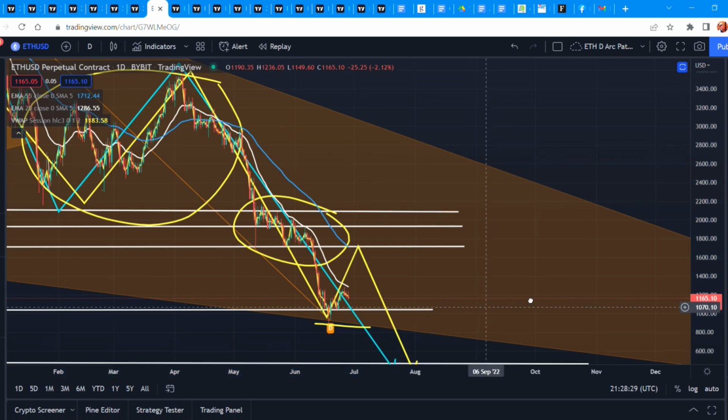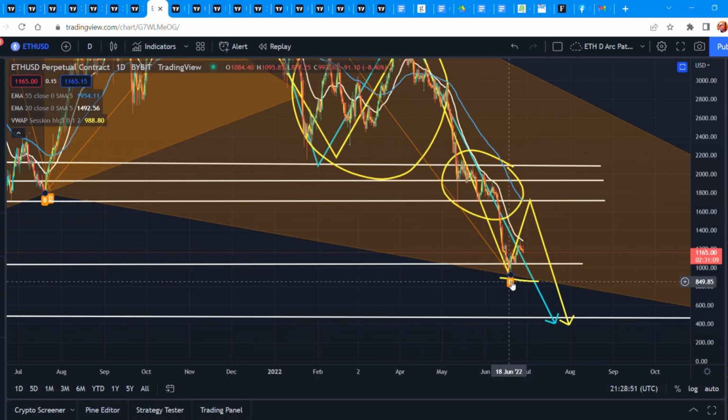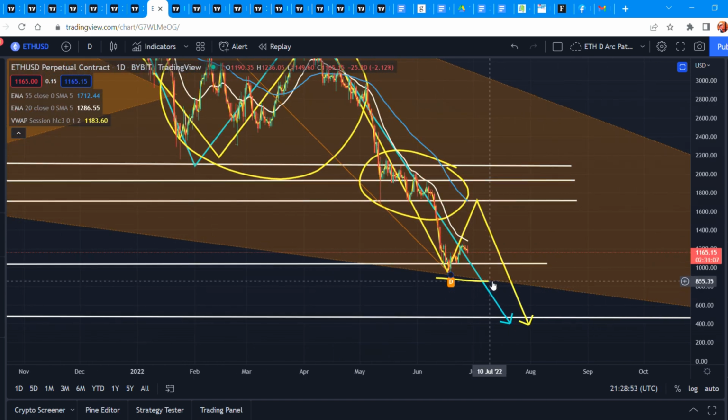What's in front of me at the moment is that this level of 1030 hasn't been broken, and we're going up towards the next level, which would be the 1250 and then the 1500. So that would be my first piece of information on the daily.